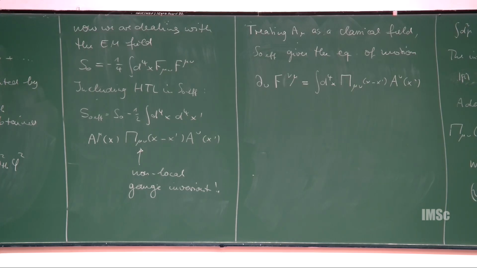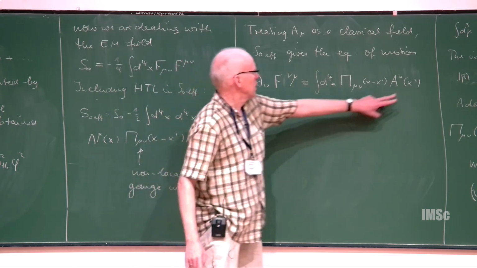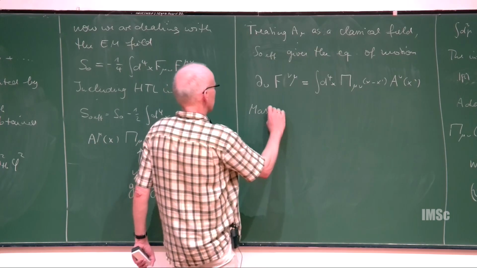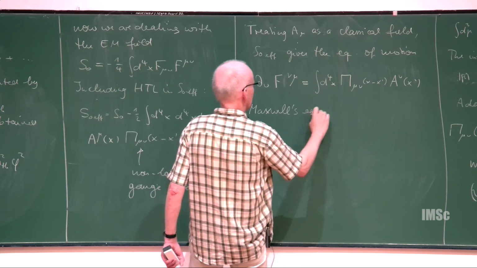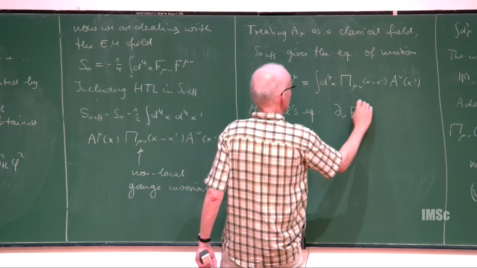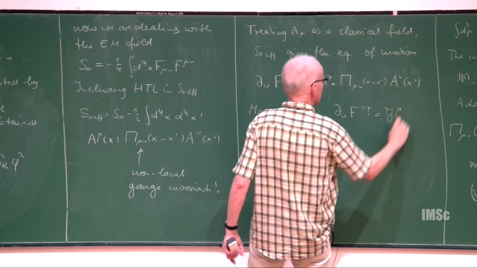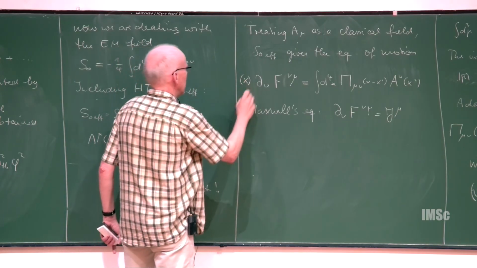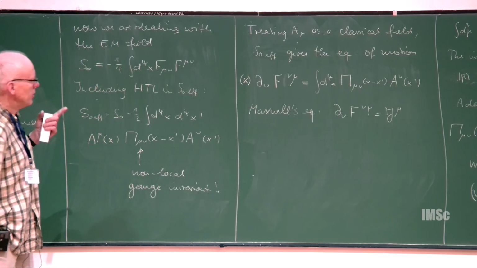Okay, so this looks like Maxwell's equations here, and if you remember, in Maxwell's equations on the right hand side we have a 4-vector current. So Maxwell says d nu F nu mu is a current.